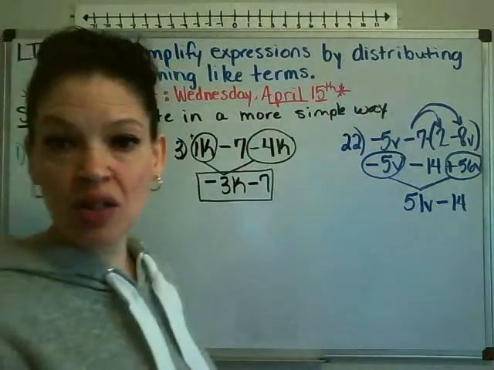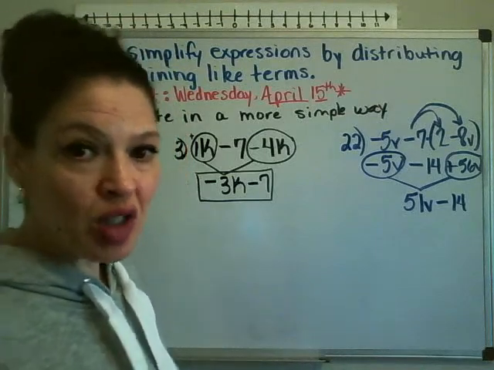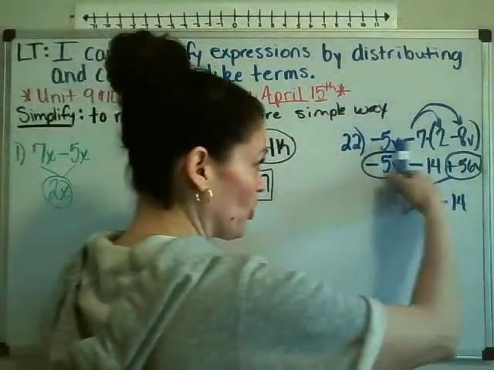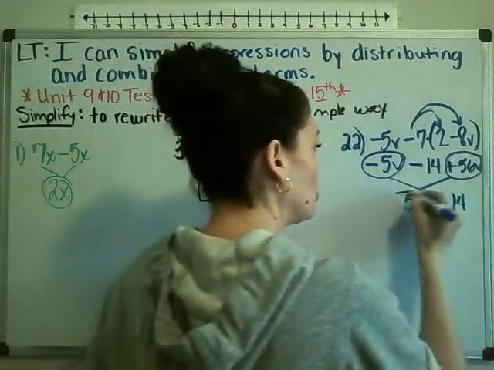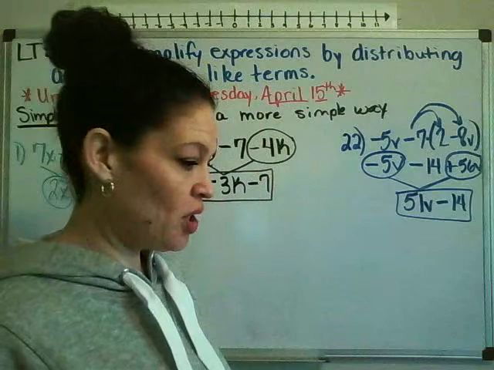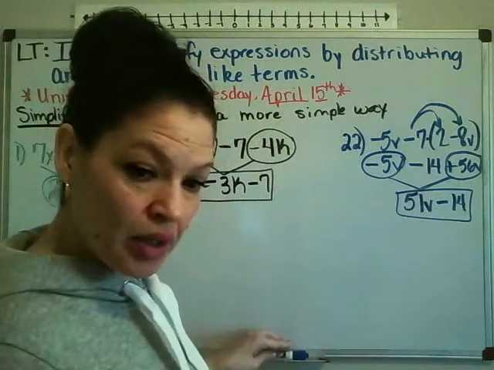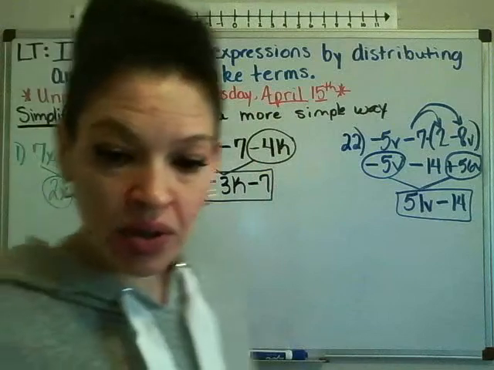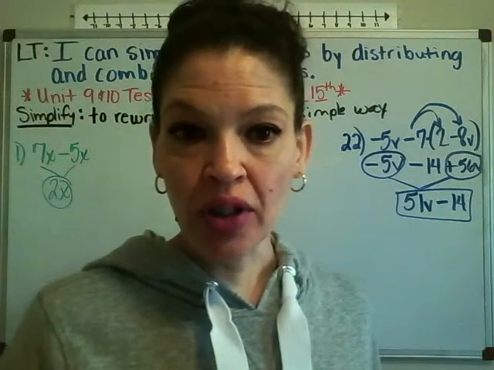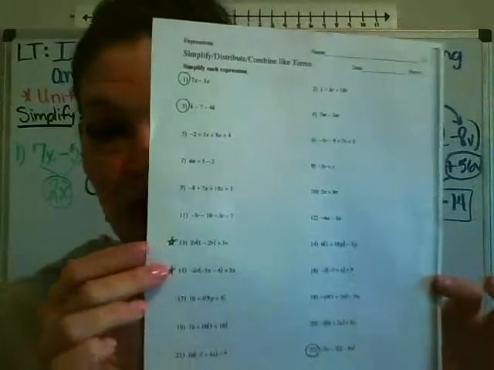Okay, there's no other constants in my expression. So the simplest way you can write this very long expression is 51v minus 14. That's it.